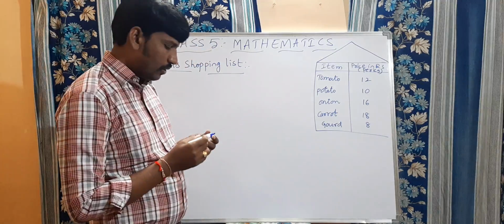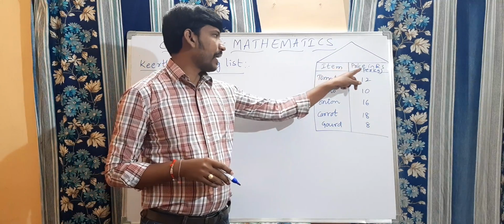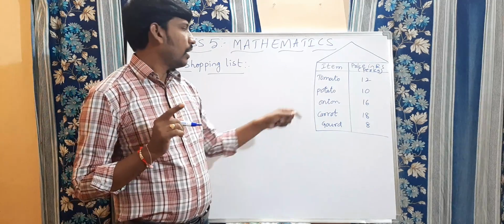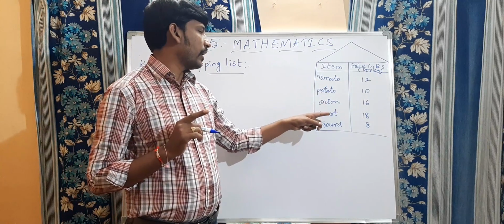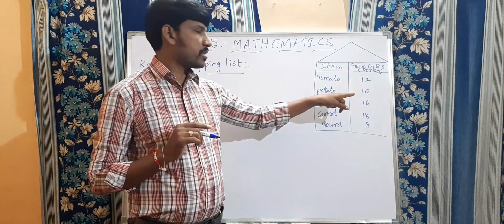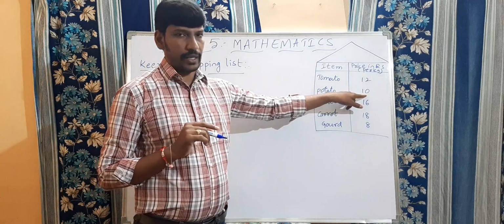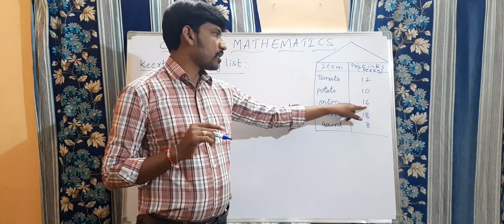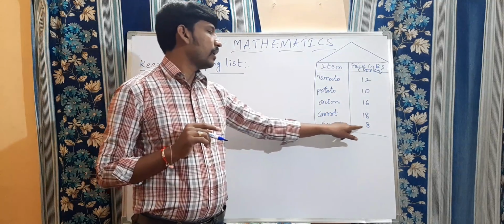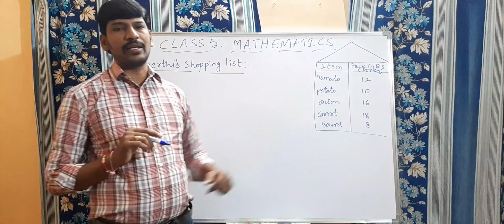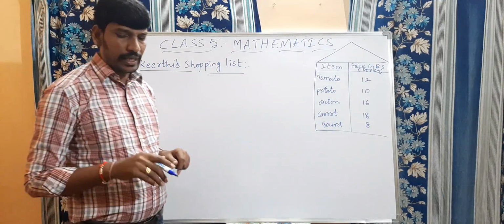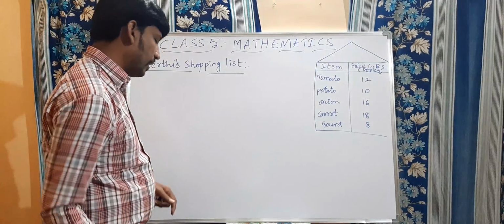Here is the item, and the other column is the price in rupees per kg, for 1 kg: tomatoes 12 rupees, potato 10 rupees, onion 16 rupees, carrot 18 rupees and gourd 8 rupees per kg. That is the price list in the vegetable market. Here they have given some questions and we need to find out the answers.